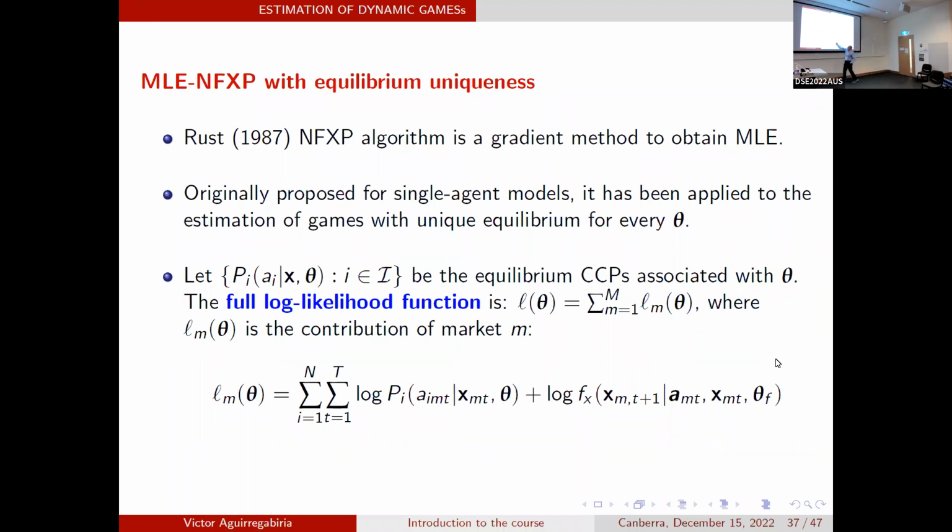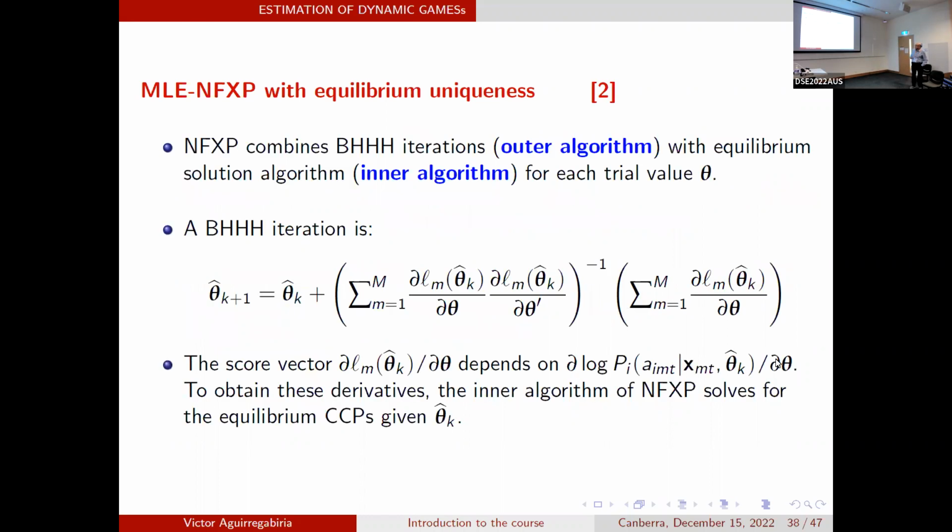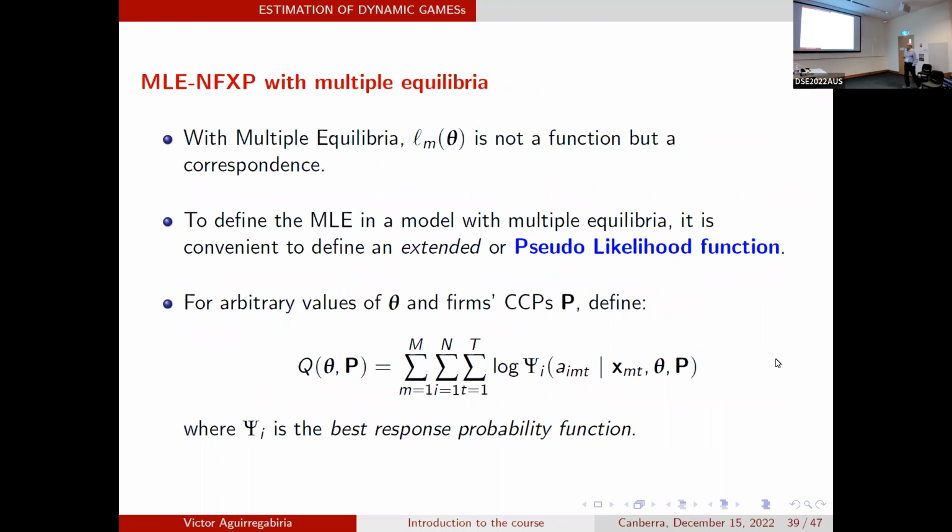That is, for every value of theta, the dynamic game has a unique equilibrium, a unique vector of choice probabilities that are the Markov perfect equilibrium, okay? And we can use the nested fixed point algorithm in this case without problem. That is going to give us the maximum likelihood estimator, okay? This is the BHHH version of the nested fixed point algorithm.